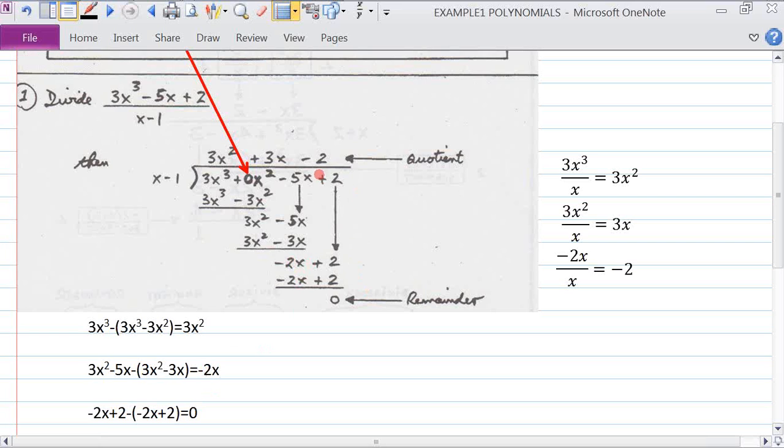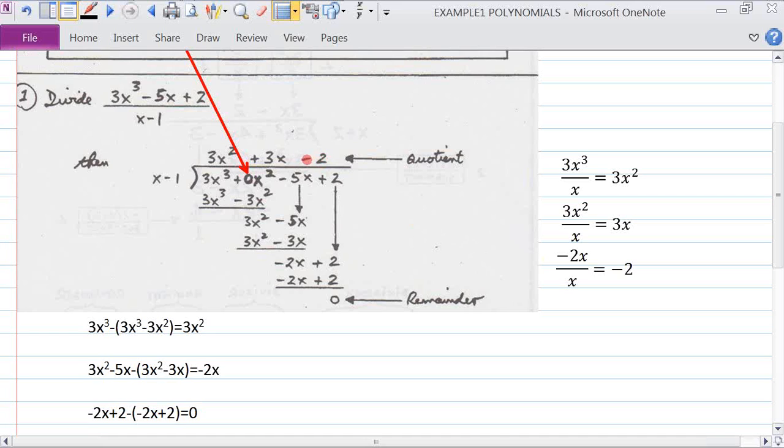I bring the next number down, 2, and now I take minus 2x and divide it by the term x here, and I get minus 2. Minus 2x divided by x gives us minus 2, which goes right here.